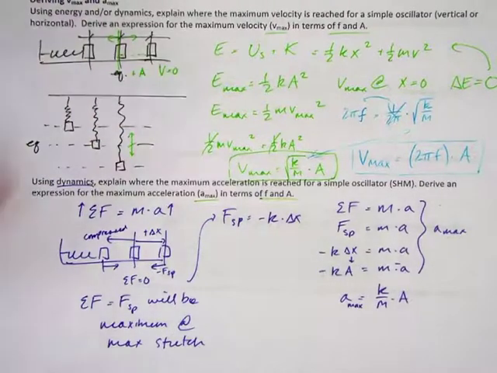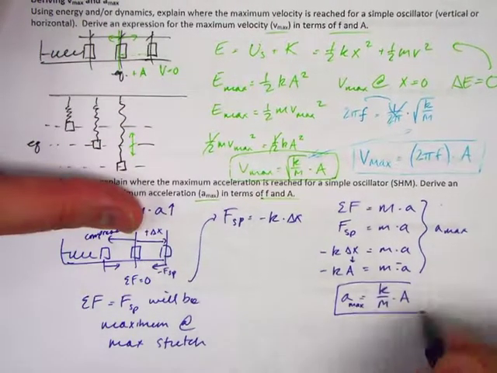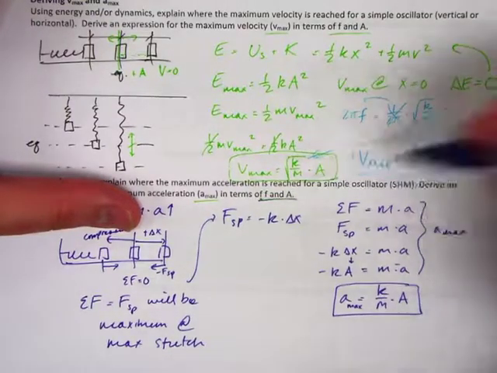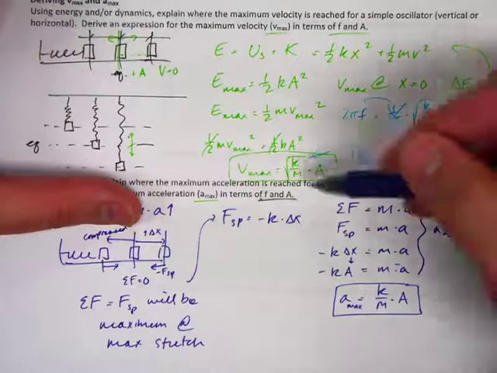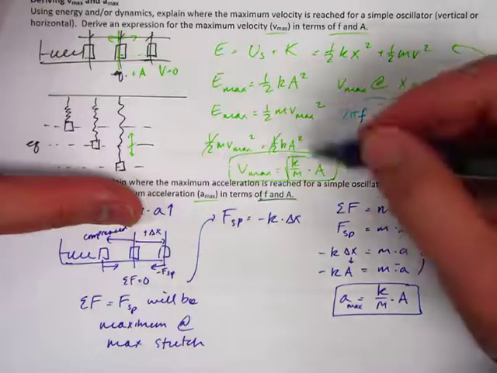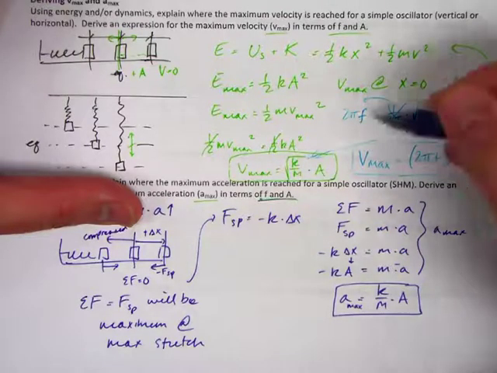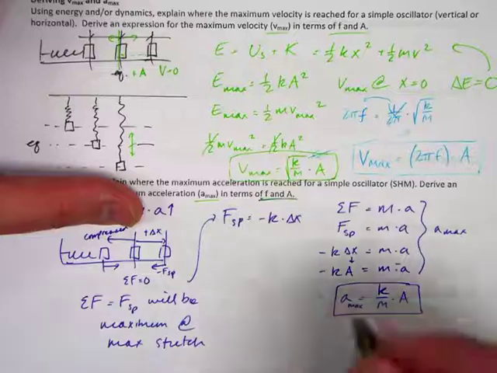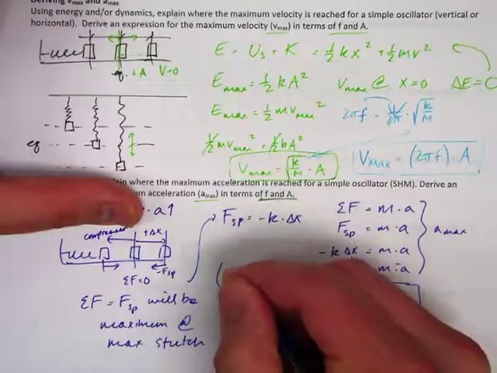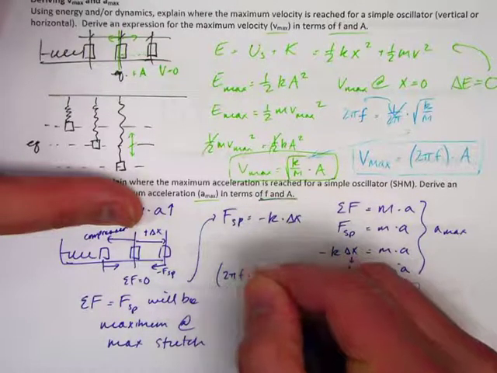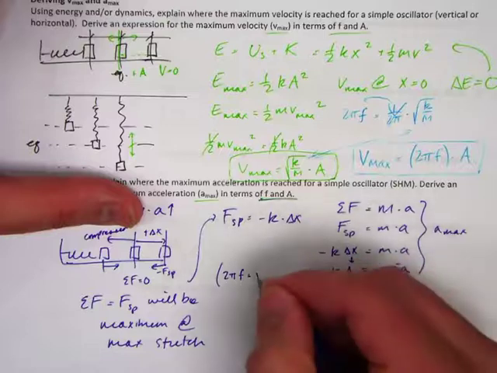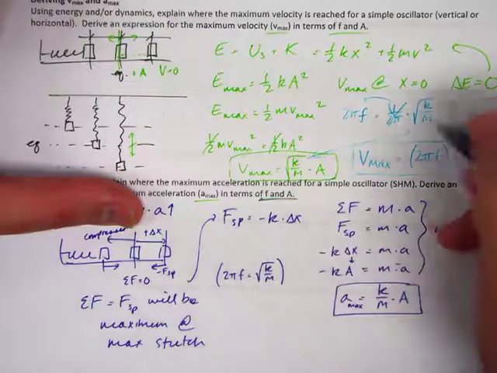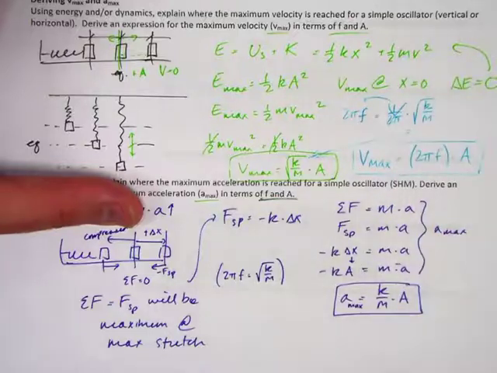Okay, well, this is one way we see A max described, but I want it in terms of the frequency and the amplitude. So here we're going to pull a similar trick as we did over here, based on this same idea that 2 pi times the frequency equals square root of k over m, which is what I stole from up here.